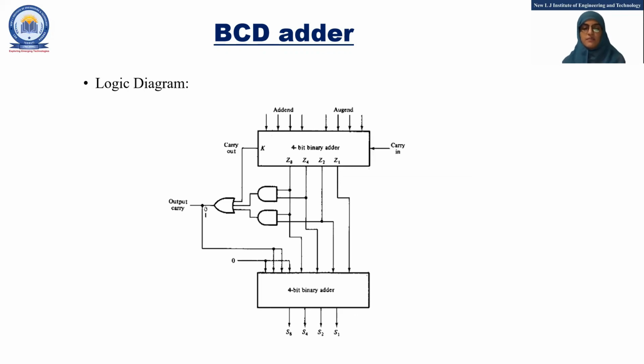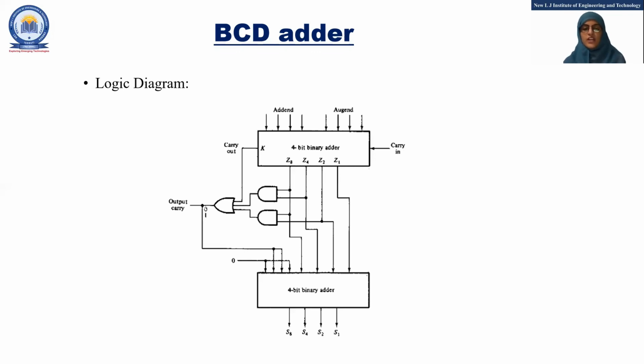Now if the sum is greater than 9, we have to add 6 to the original binary sum. So for that we need another 4-bit binary adder. The first and the last bit will be 0 and C will be the input to the 4-bit binary adder as bits 1 and 2.